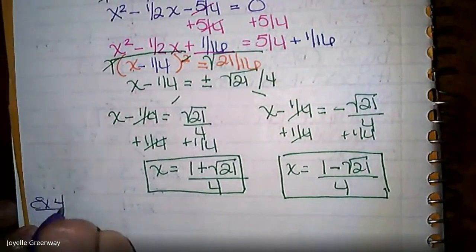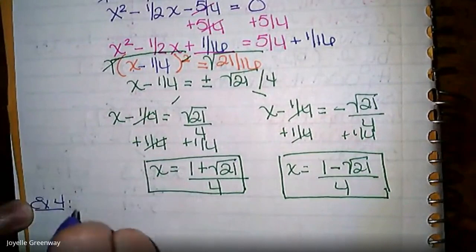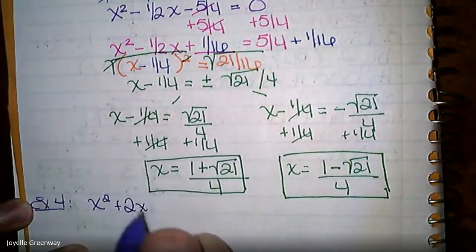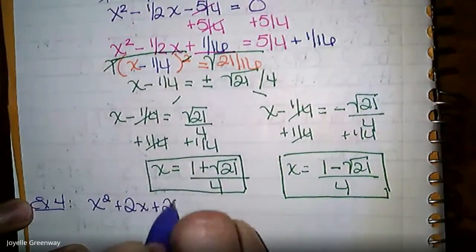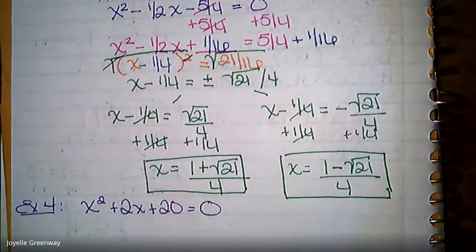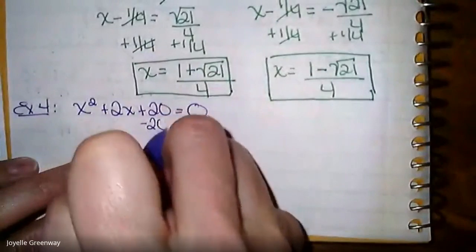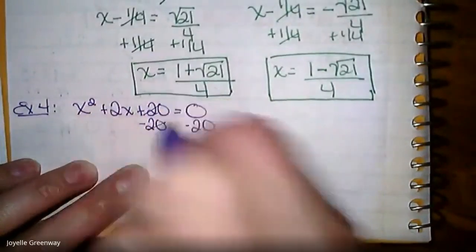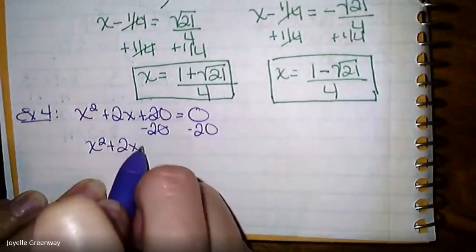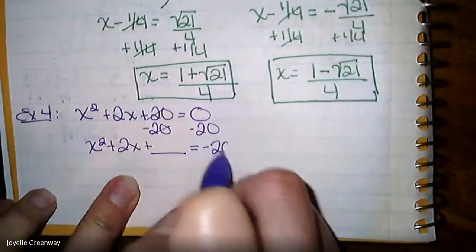Okay. So example 4. I already told you this was going to be a special solution. So let's look to see what it looks like. So if we had x squared plus 2x plus 20 equals 0. All right, so now I'm going to subtract 20 from both sides. So I have x squared plus 2x plus blank equals negative 20.